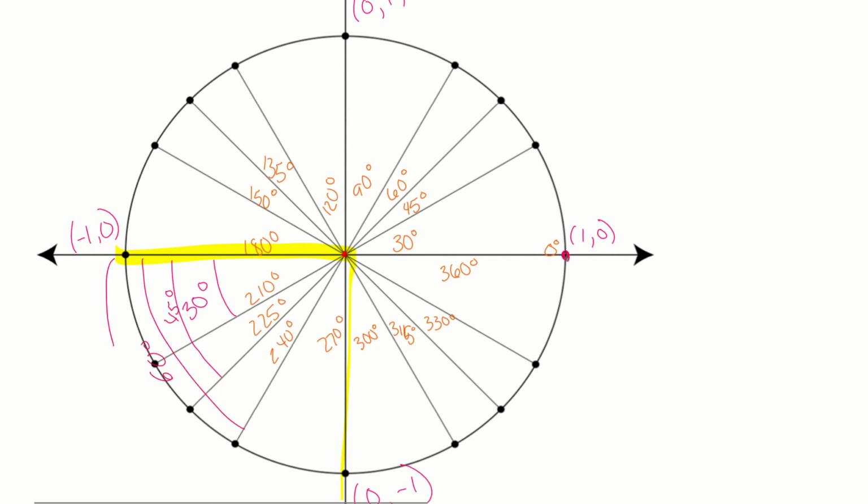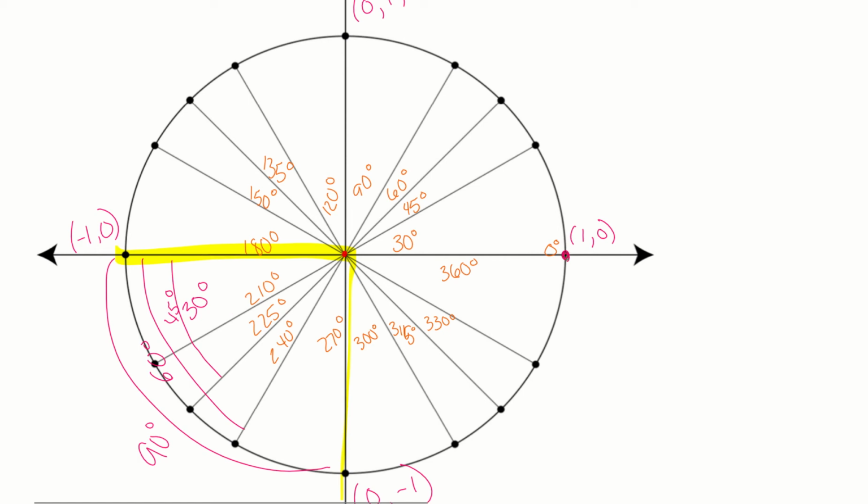And then, of course, all the way around, I did not give myself enough room for that, 90 degrees. So it does go in that order, 30, 45, 60, 90, all the way around the circle. So I can start from any quadrant and just know that. The first line is 30 degrees away, second line 45, next line 60, and then all the way to the axis is going to be 90.